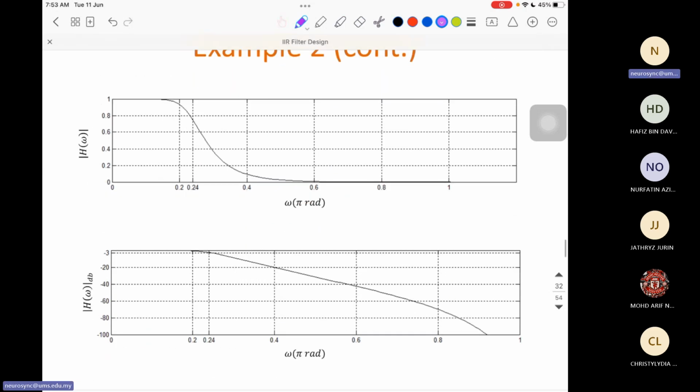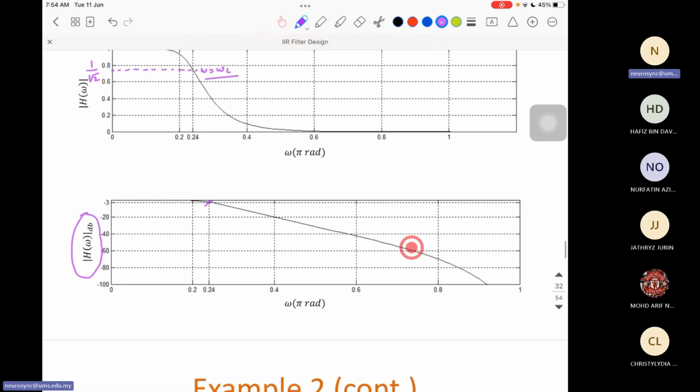The cutoff frequency is where, if you plot this h of omega in dB, the frequency where minus 3 dB crosses, that is your cutoff frequency. Or if you are not plotting in dB, then where 1 by root 2 is crossed, there your omega is equal to omega c, the cutoff frequency. So that you will get here 0.24.